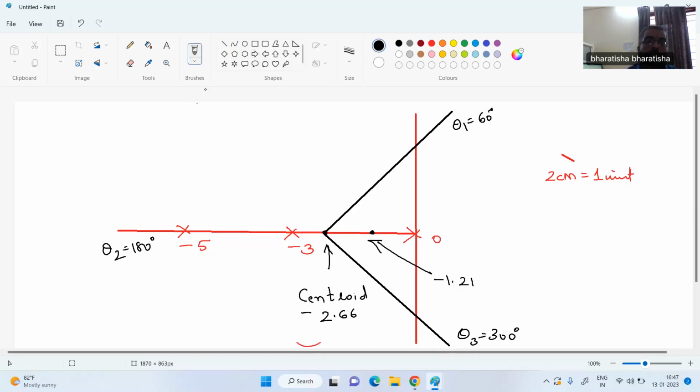Once you have constructed this, you have to mark the intersection with the imaginary axis. Take 3 units up on the imaginary axis and mark it, above 3 units and below 3 units.